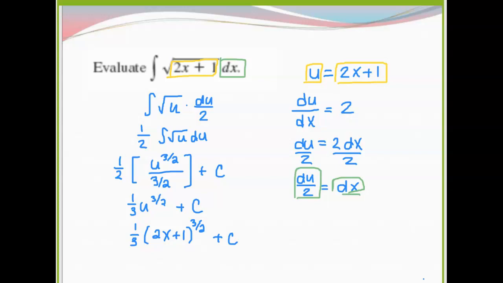So you have to start and end your problem with the same variable. And you cannot integrate unless your bounds as well as your variables match. So you cannot integrate unless your variables of integration match.